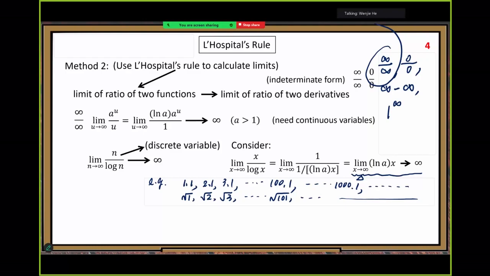In the definition of the limit, if the sequence goes to infinity, then it's a valid sequence you can use. That's the definition of the limit.